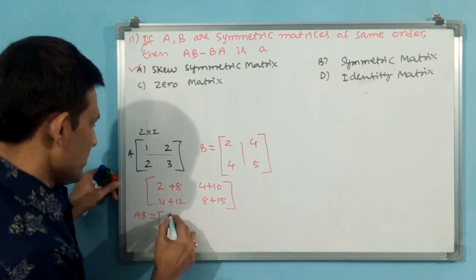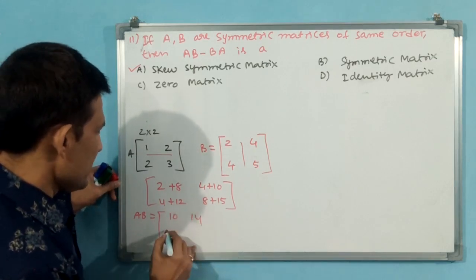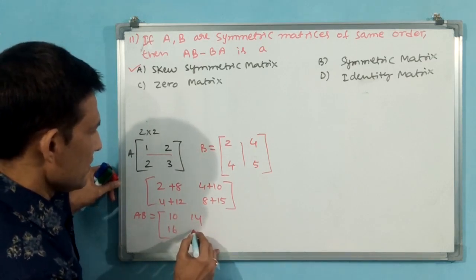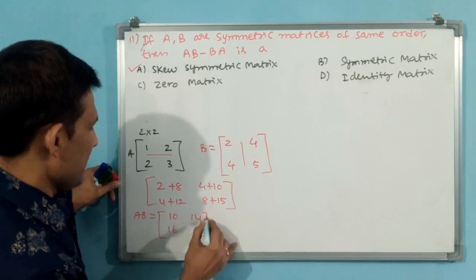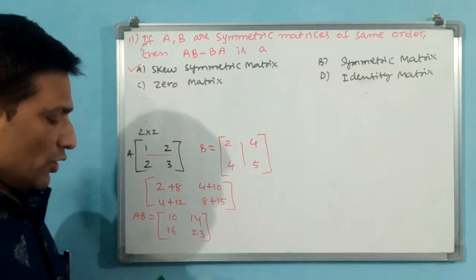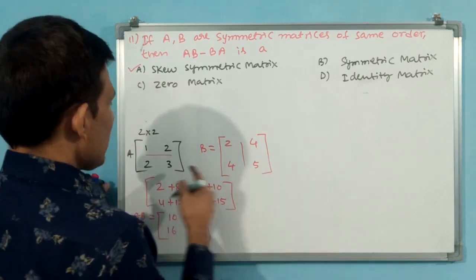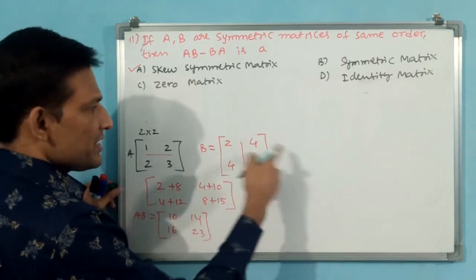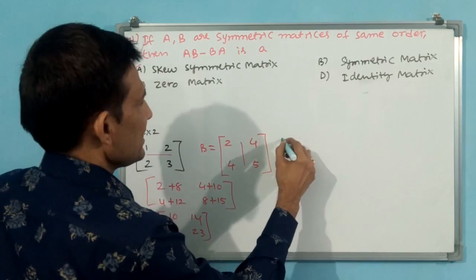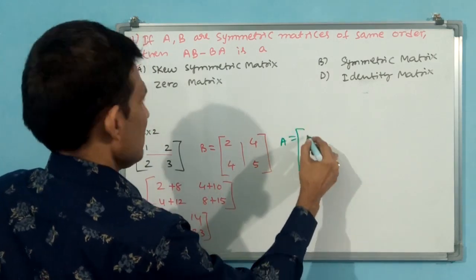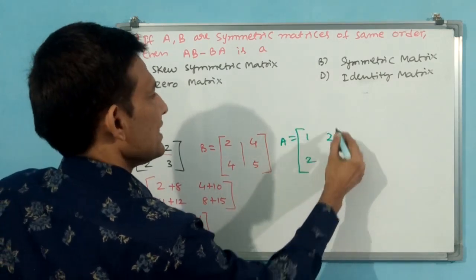AB is equal to 10, 14, 16, 23. AB you got. You do BA also. Write down BA. For doing BA, B should be on the left side and A should be on the right side. You write A again here: 1, 2, 2, 3.